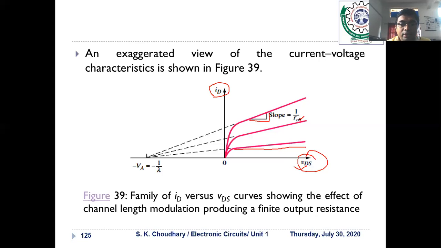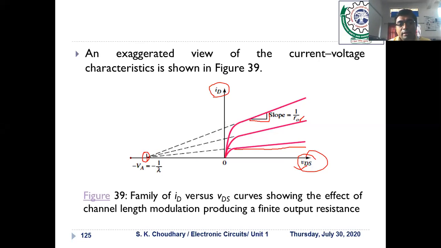And one more thing you have to observe in this graph: we have extrapolated this curve to the back side, and when you extrapolate the curves, they meet at one common point.